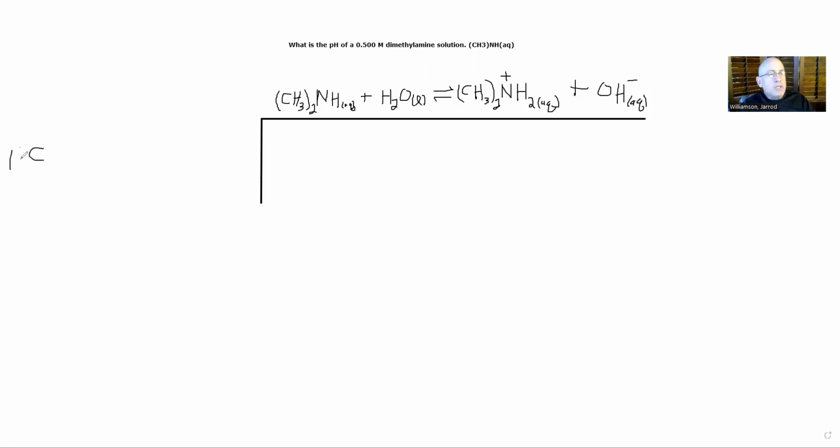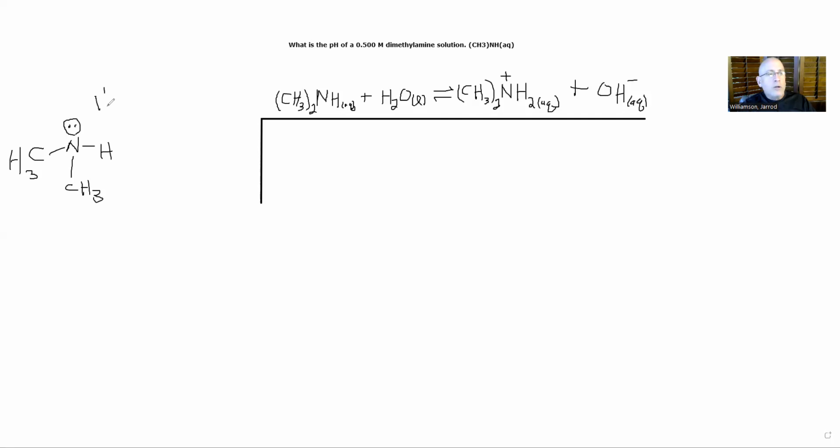Here we have CH3 connected to a nitrogen, which is connected to CH3, and that's connected to a hydrogen, and this has a lone pair of electrons on it.